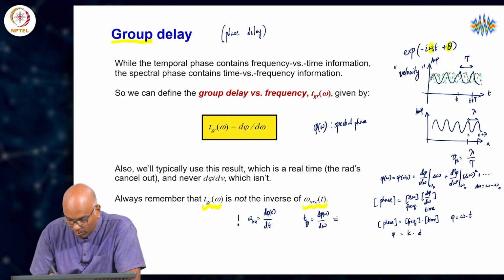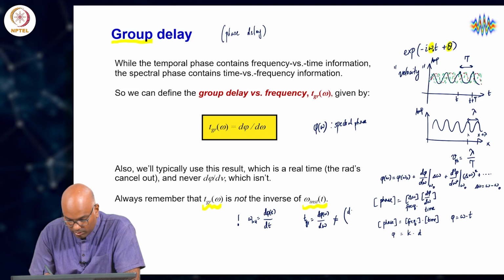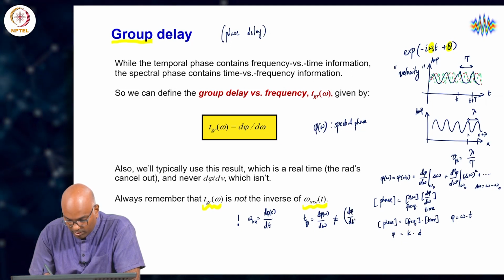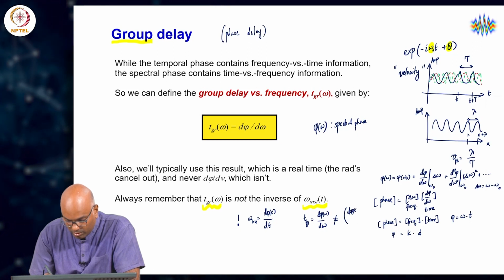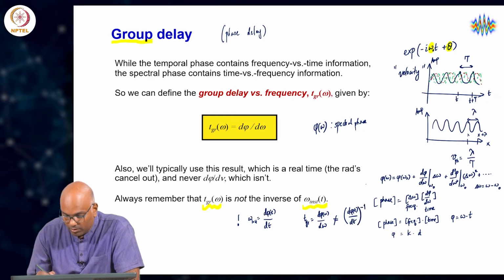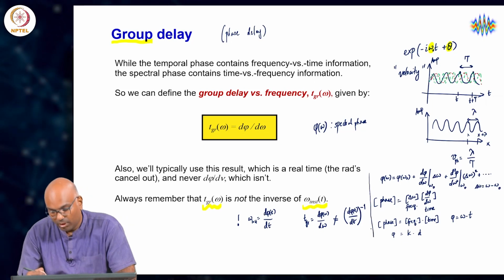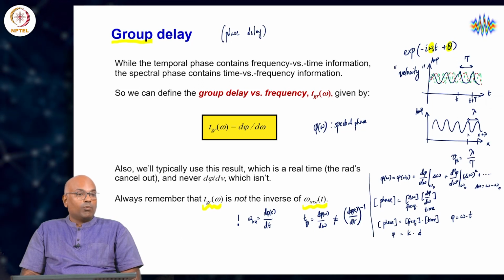This is not equal to the inverse of d phi by dt, meaning 1 over d phi by dt.